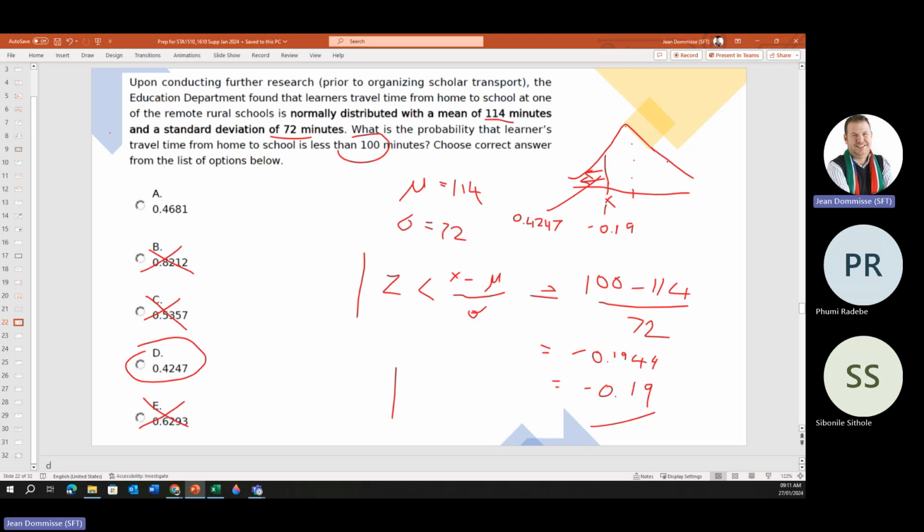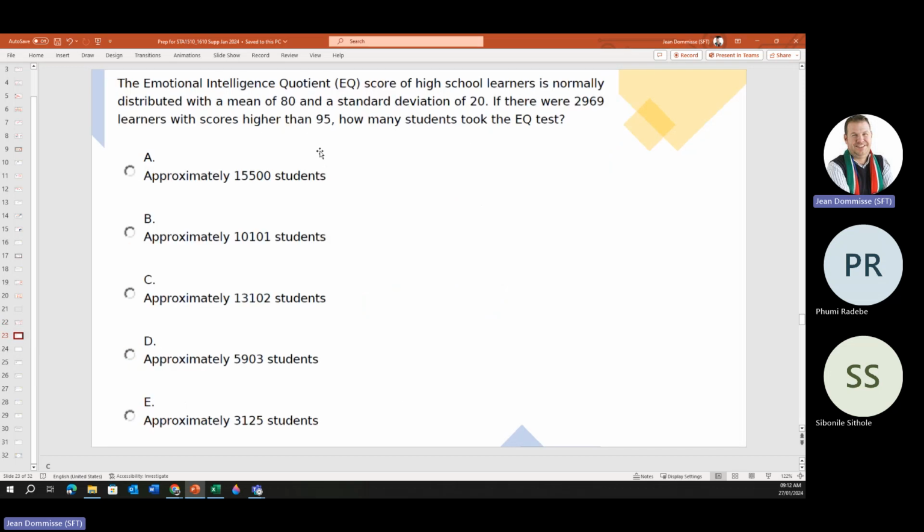I like to see something visual. It makes it much simpler to see what the answers could be, and to eliminate some of the answers. Okay, so let's go into the next one.